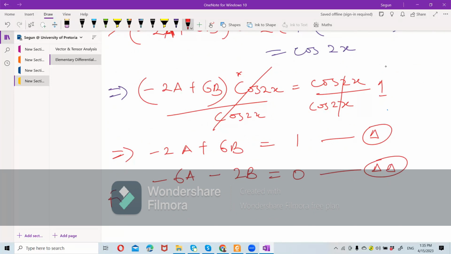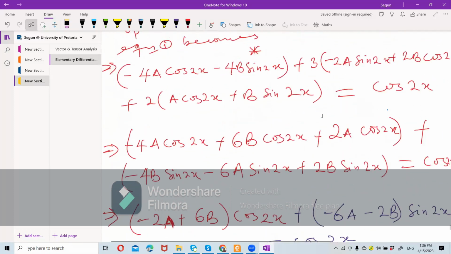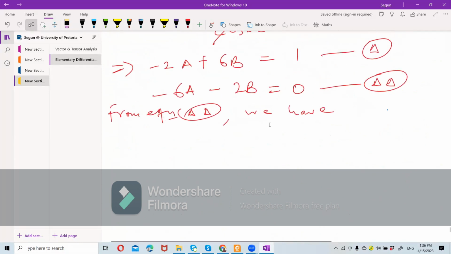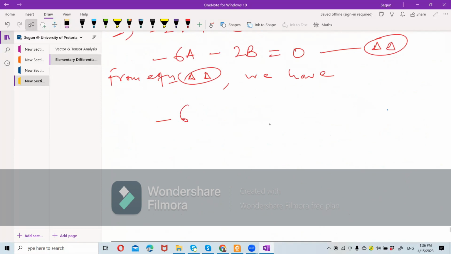Now let's solve from equation triangle. We have minus 2a plus 6b equal to 1 and minus 6a minus 2b is equal to 0. I can easily look for my a here. I can say minus 6a equals 2b. Right? Yes, sir. Or I can look for b. Which one should we get first? a.